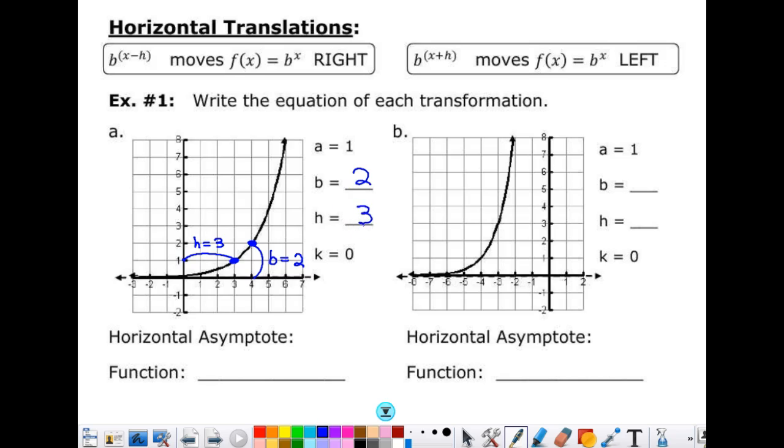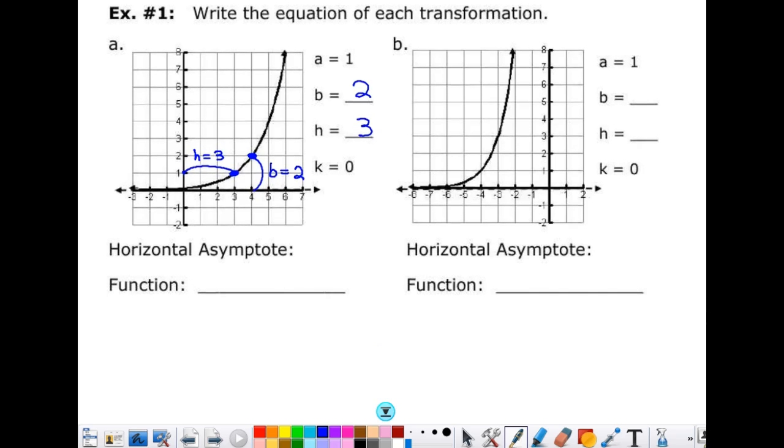Now we can write our equation. The horizontal asymptote, it hasn't been pushed up or down yet. So it's still 0. The K in the horizontal asymptote will match. And so that's going to make that easy for you, okay? Now our function is this. Y, kind of write small here because we're going to write some more stuff down here, okay?